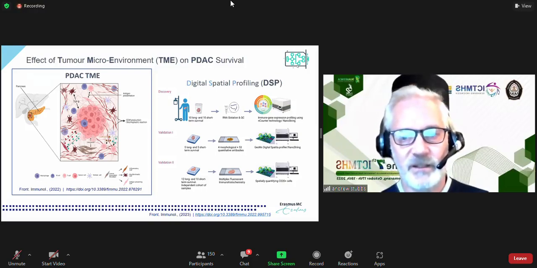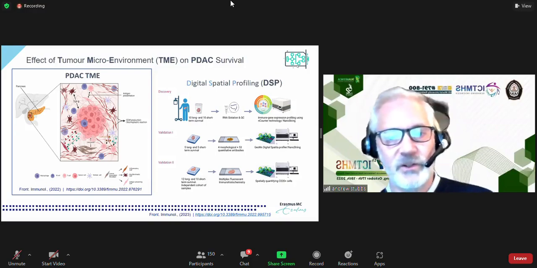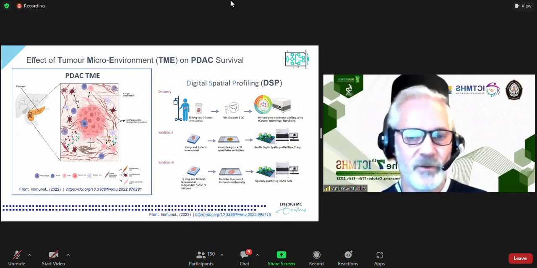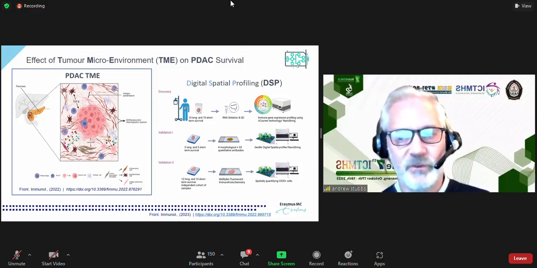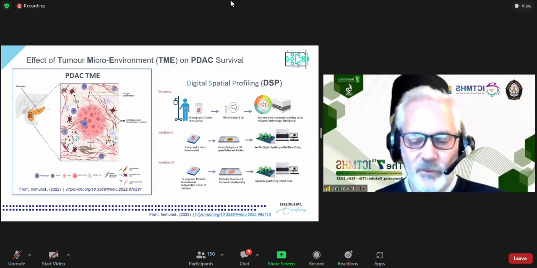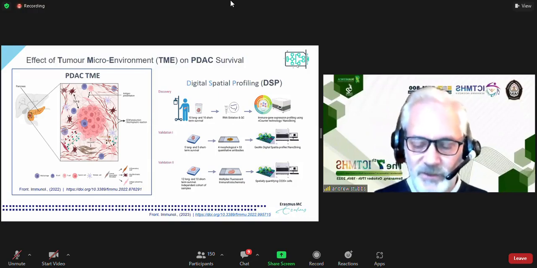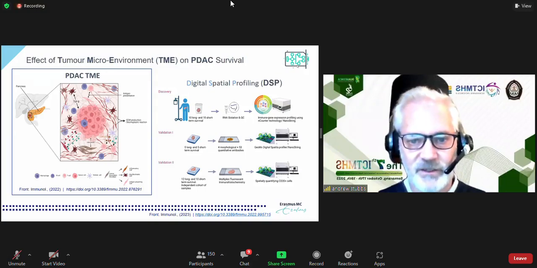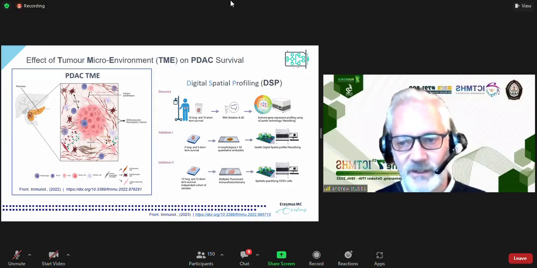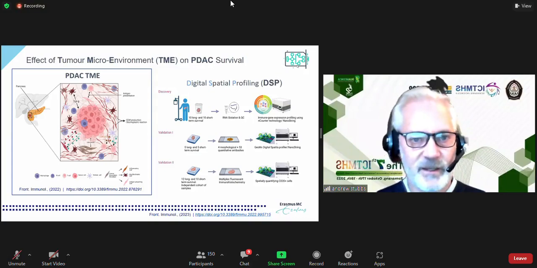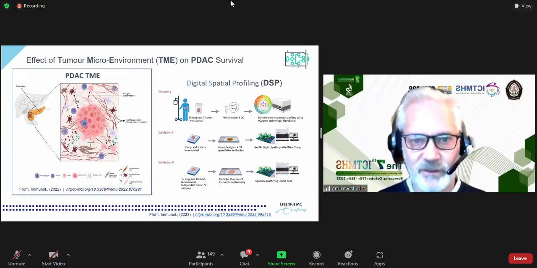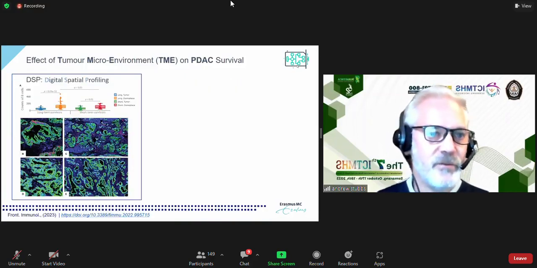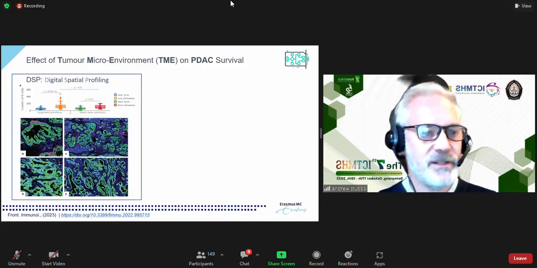And then in the validation phase 1, we actually look at long and short survival times, so tissue from those individuals who have long and short survival times, so that's greater than 1 year, and use digital spatial profiling to identify what cell types are in which particular regions. And again, of course, we validated these in validation stage 2 using immunofluorescence histochemistry to identify what cell types are there. And the article is represented by Frontiers in Immunology there, 2023. This gives you a representation here of what you actually see.